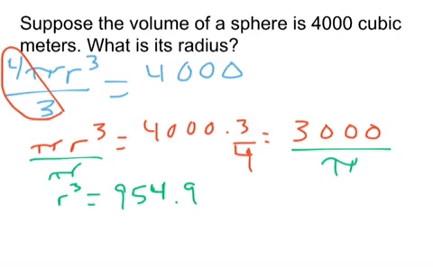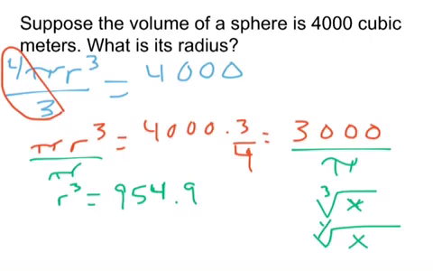But at this point, what you're looking for in your calculator is a button that looks kind of like this. And it might not be a button, it might be a second function on your calculator. Another function that you might look for would be this button, some version of that.